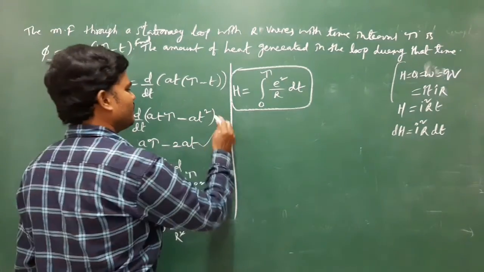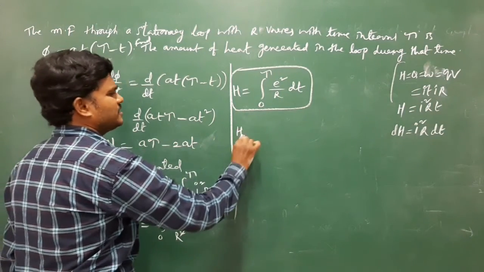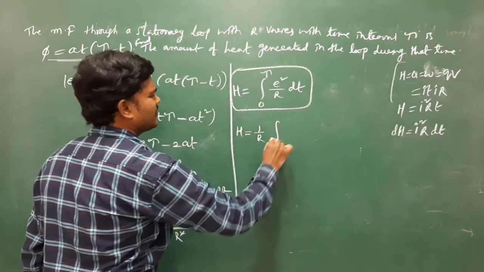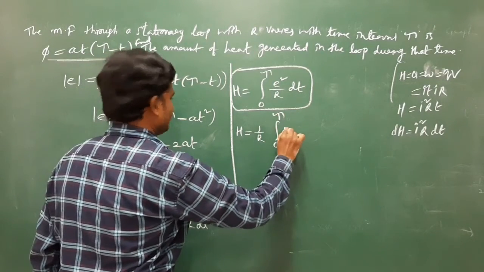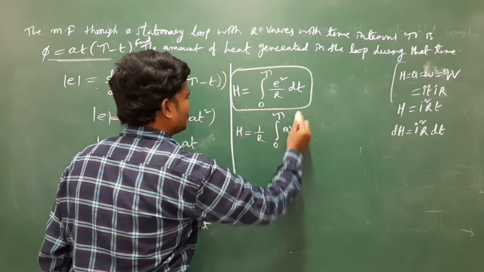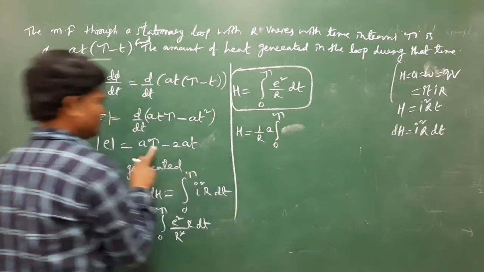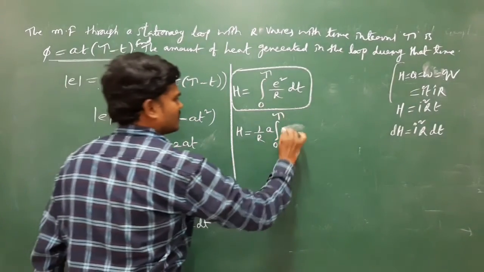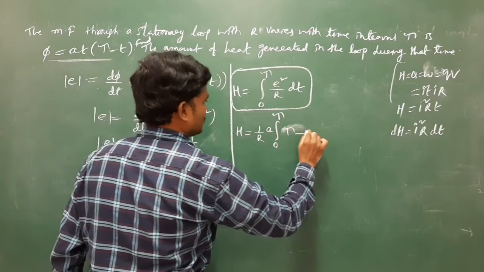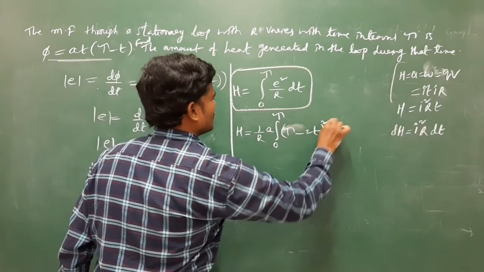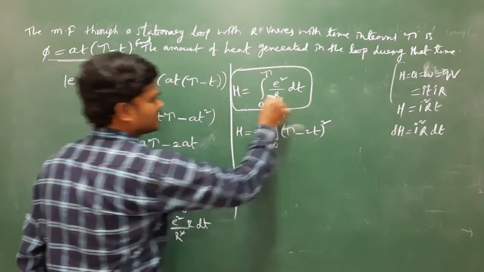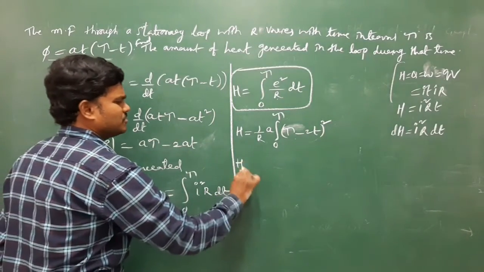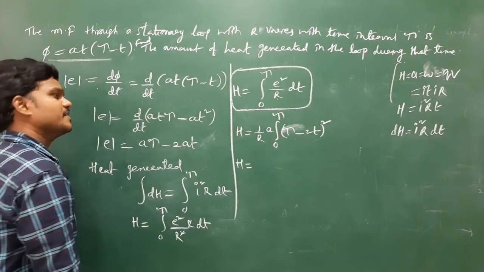E we anyhow got. H equals 1 by R times the integration from 0 to tau of E square dt. A you write outside, and it is tau minus 2t whole square. R is already taken out. So do some simple integrations and you will get the answer.